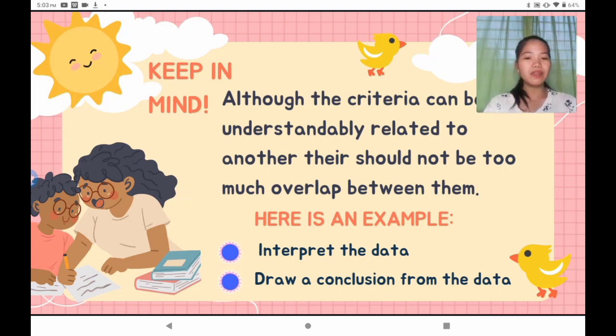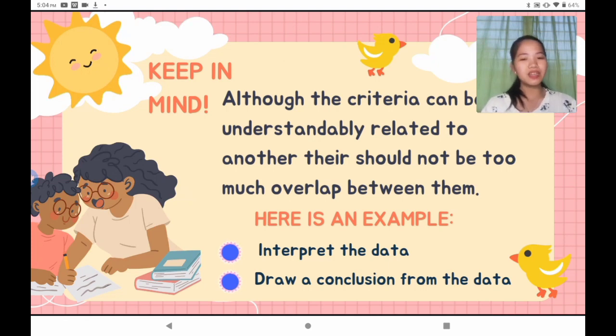First, we have the criteria of interpret the data. And the next one is draw a conclusion from the data. As we have observed, these two somewhat overlap. They have similarities or they are related. But if we analyze these criteria, when we say interpret the data, that is kanang i-interpret nimo ang data, i-analyze, subtune ang data.